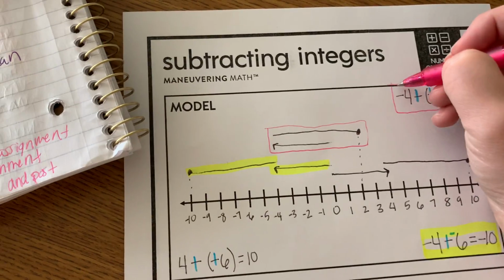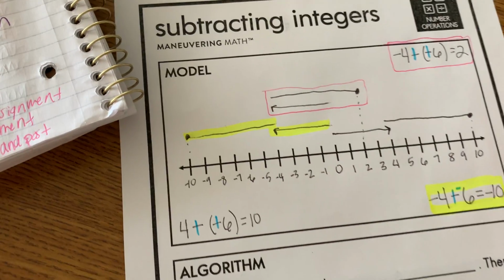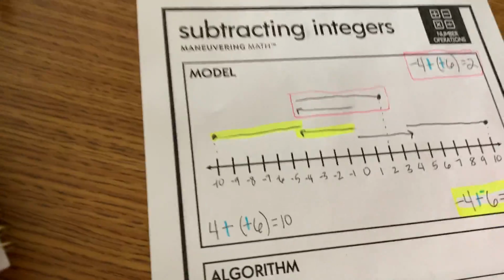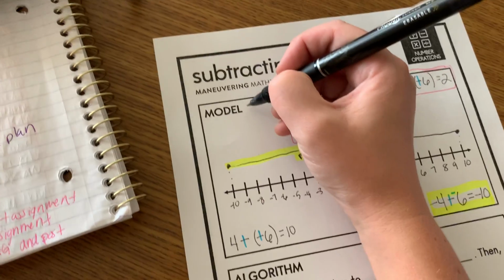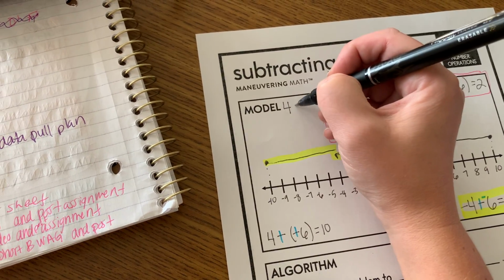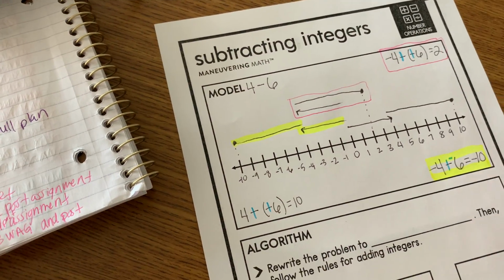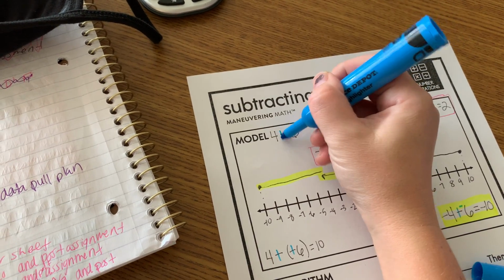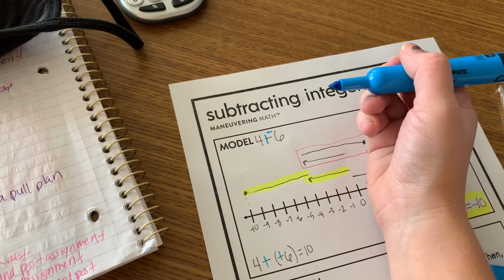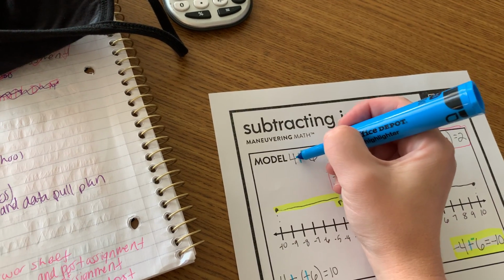Okay. All right. I think you guys are probably getting the hang of this, but we'll go ahead and just do one more just for the sake of it. So this time we're gonna do 2 positive numbers, 4 minus 6. Once again, change to addition and change the sign.